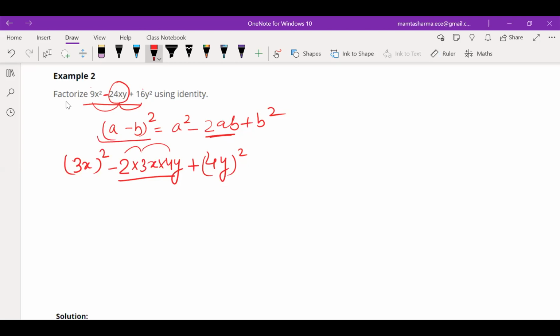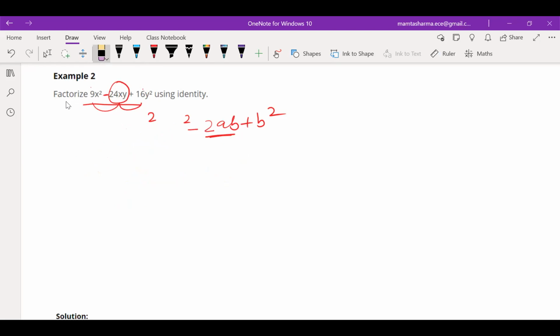This expression is fitting in the identity (a minus b) square, where a would be 3x. Ma'am, I didn't understand this sum. Wait, let me do it again. Ma'am, if a square and b square are in square form, we can take it directly. 9x square is the square of 3x, and 16y square is the square of 4y.